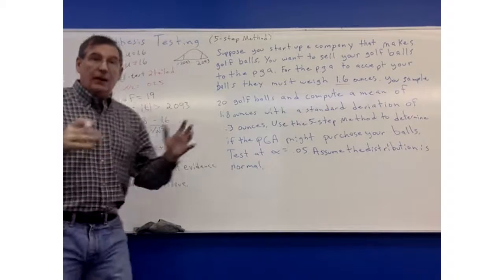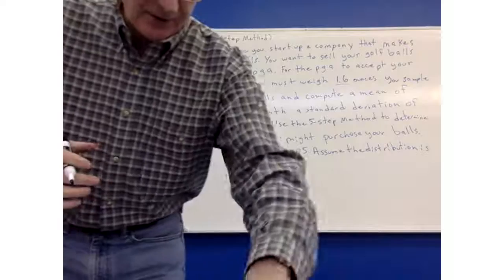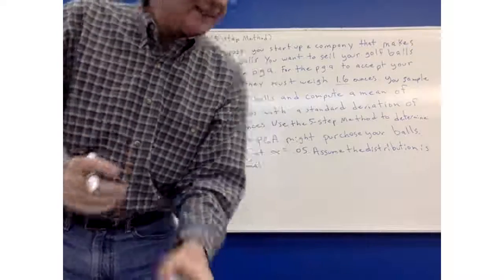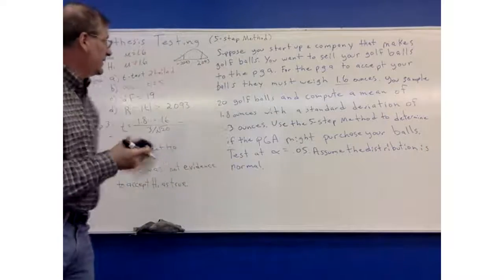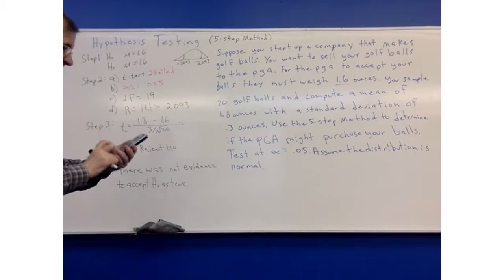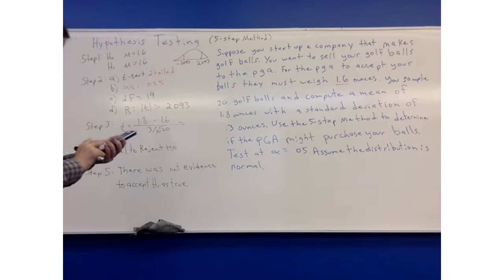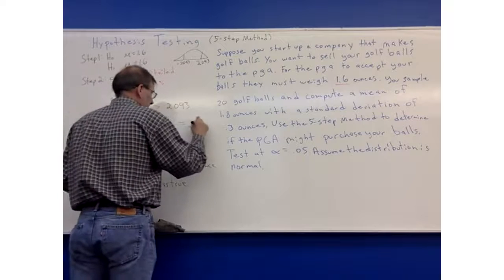So what we're checking here is if they're within tolerance that the PGA will accept. They're not exactly 1.6 like they want, but is 1.8 close enough to get away with it? 1.8 minus 1.6 divided by 0.3 equals that times square root of 20. And I'm getting 2.98.